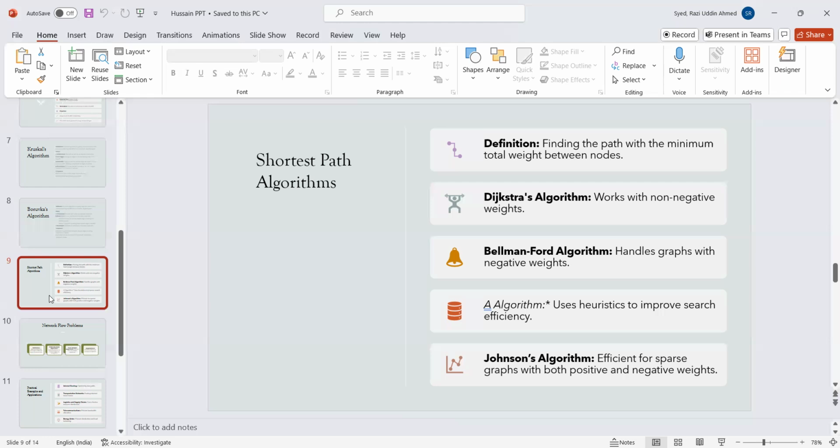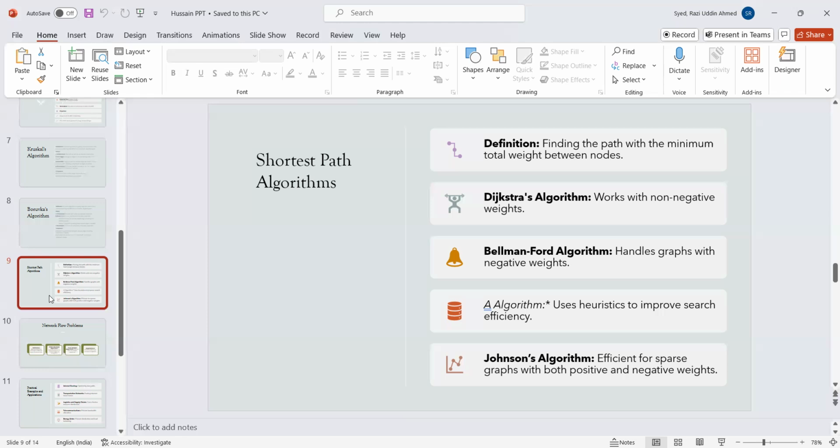And Bellman-Ford's algorithm. The Bellman-Ford algorithm handles graphs with negative weights. It finds the shortest path from a single source to all other vertices, handling graphs with negative weights. So set the distance to the source to 0 and all others to infinity.